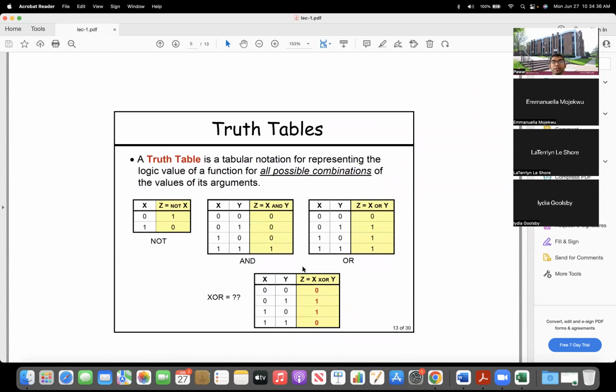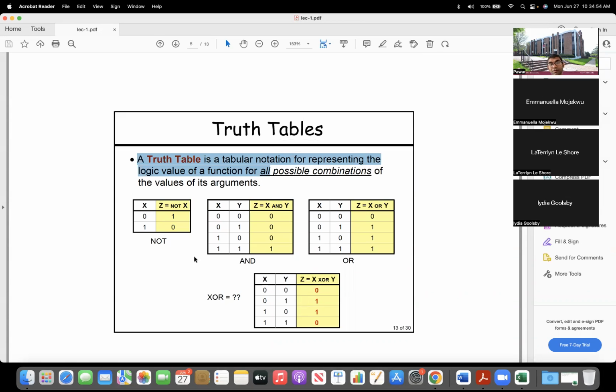Right, so truth tables are just a tabular notation for presenting the logic value for all possible combinations of values, same as we discussed. The definition of a truth table is that these are notations for presenting a logic value.